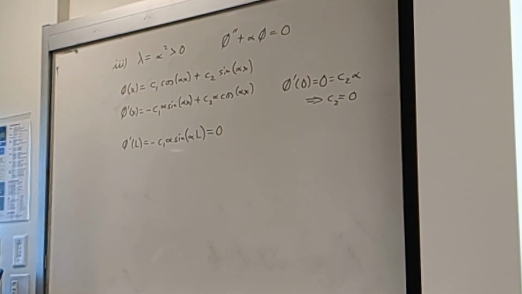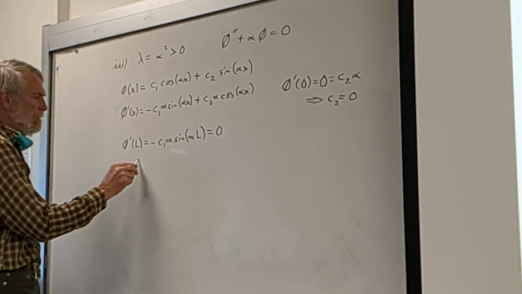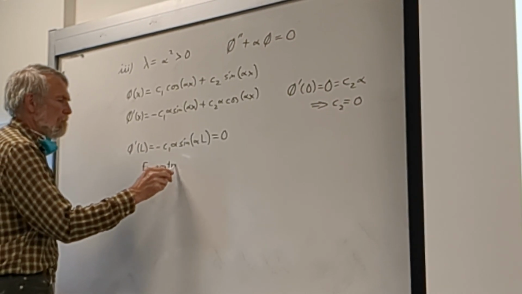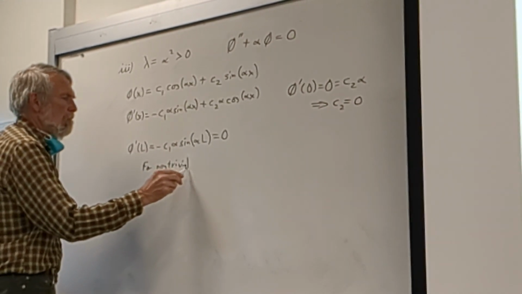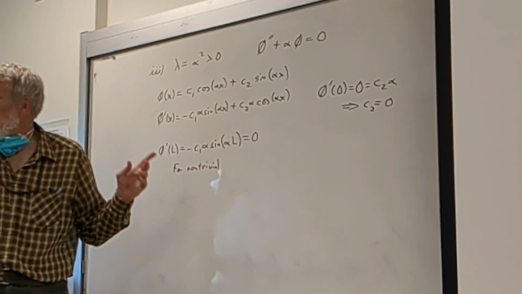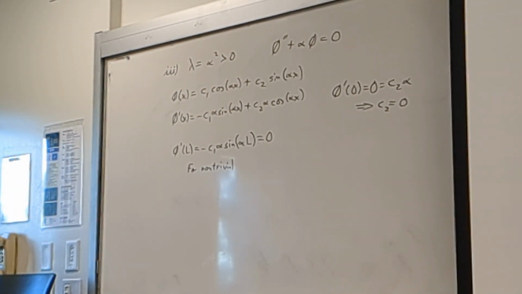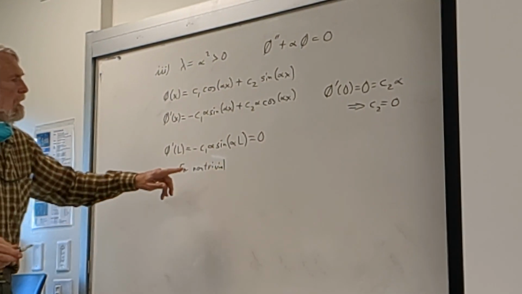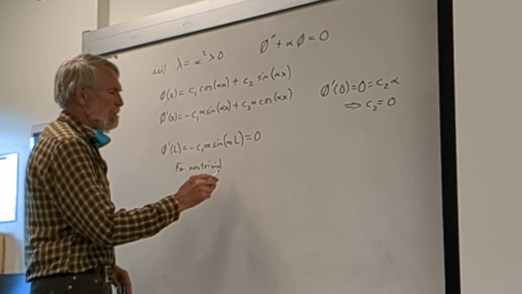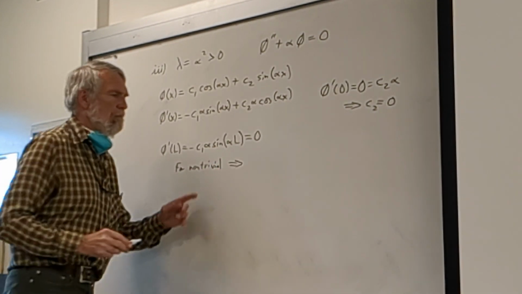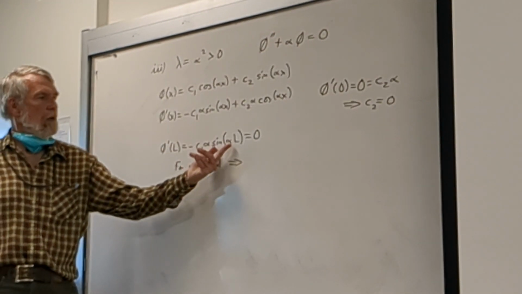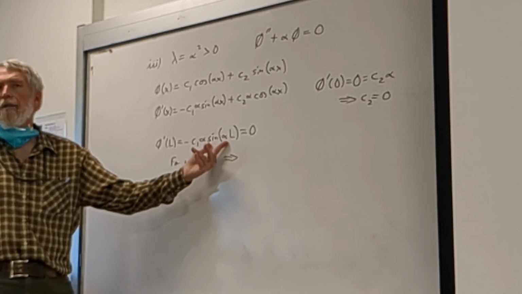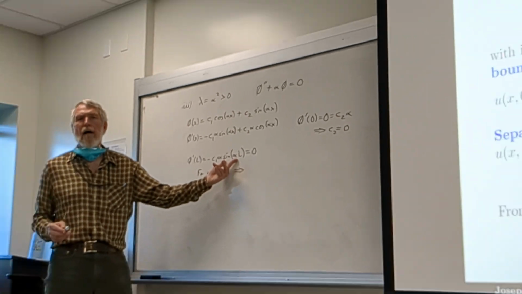All right. Now, for non-trivial solutions, we don't want C1 equal to 0. I mean, obviously C1 equals 0 is a solution. That gives us only the trivial one. So the only way we can get non-trivial solutions is what? Then this sine function has to be 0, right? And that sine function is equal to 0 when what's true about alpha?